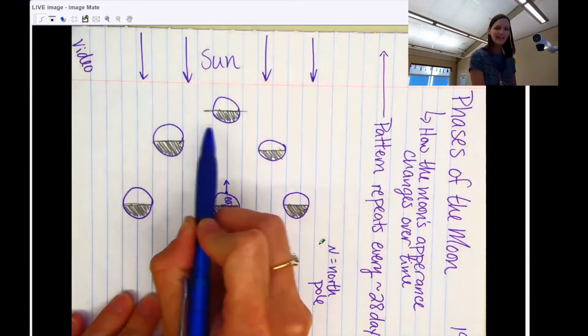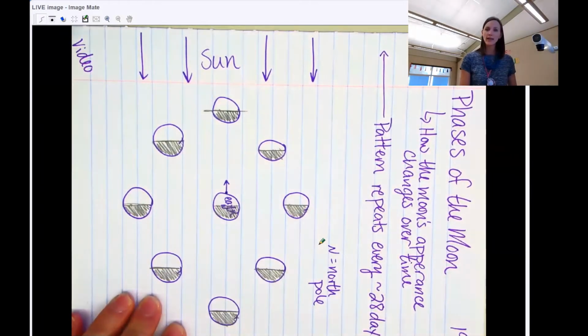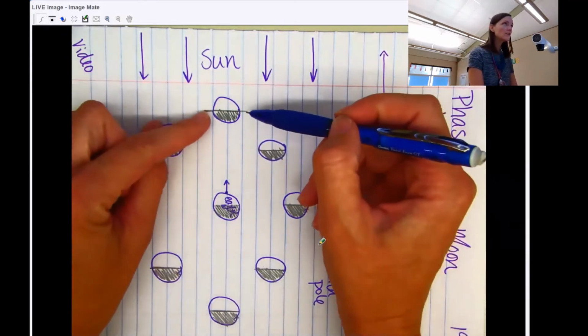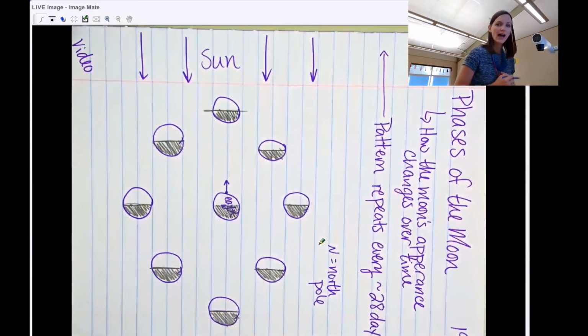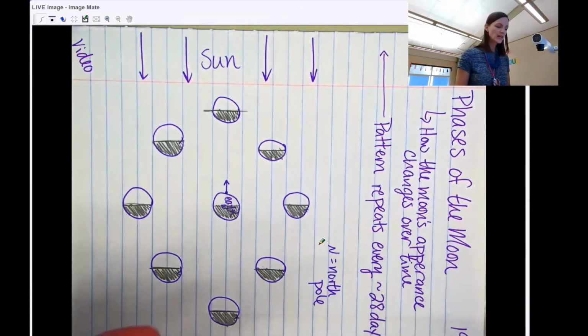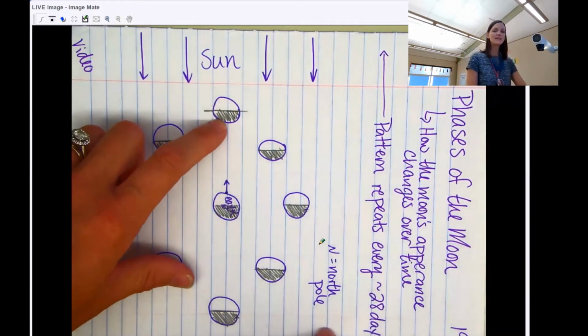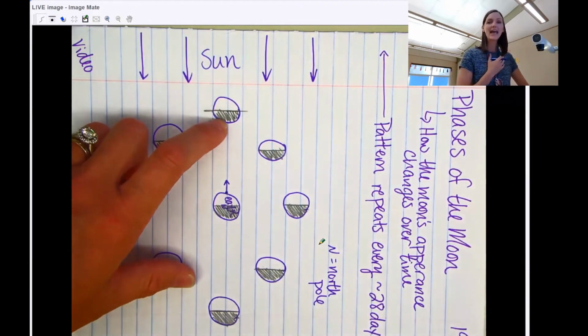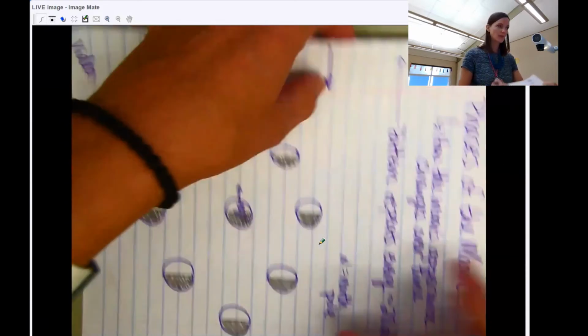So we're drawing a sight line. Anything behind that line we can't see. So the side of the moon that's facing us, how much of it is lighted? None. It's completely dark. It's completely shaded. So this is going to be a phase of the moon where we don't see any of the lighted side.